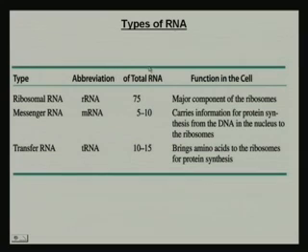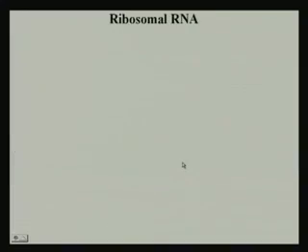If we see the functions of these RNAs inside the cell, rRNA is the major component of the ribosome. mRNA carries the information for protein synthesis from the DNA in the nucleus to the ribosome, and tRNA brings amino acids to the ribosome for protein synthesis.